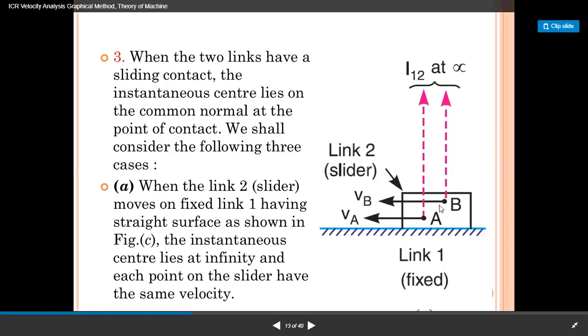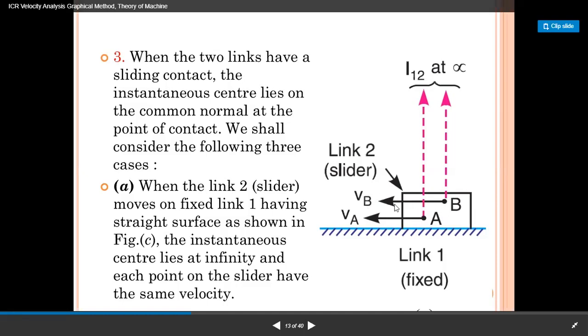You have to find the instantaneous center on the perpendicular to both links. When the two links have a sliding contact, the instantaneous center lies on the common normal at the point of contact, right? This is the point of contact, and the normal of both links means the common normal.